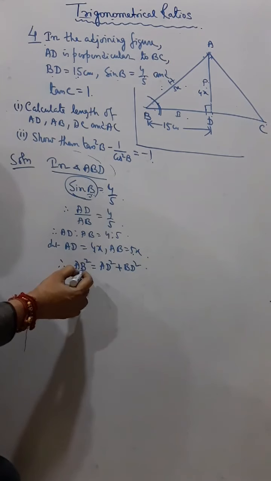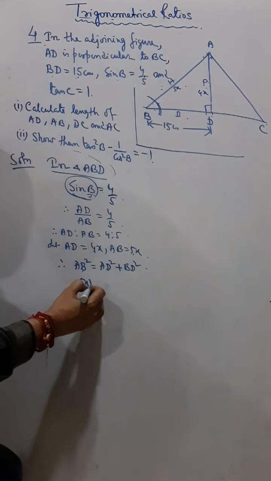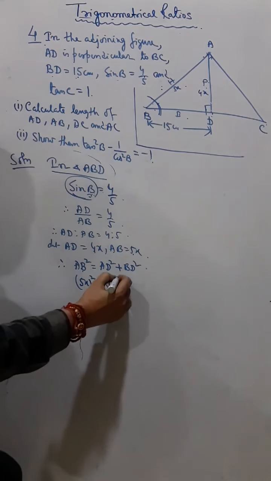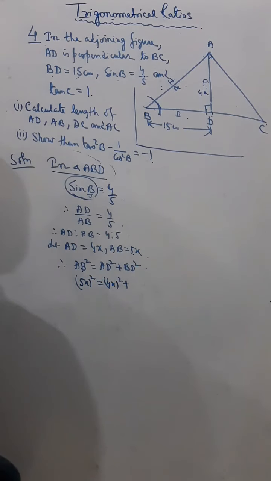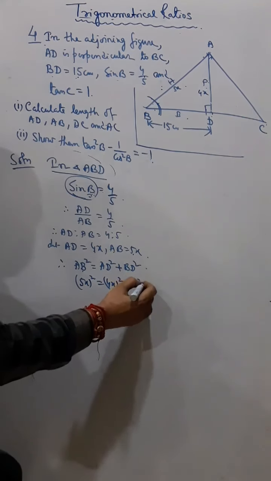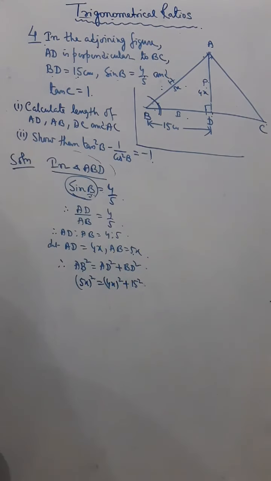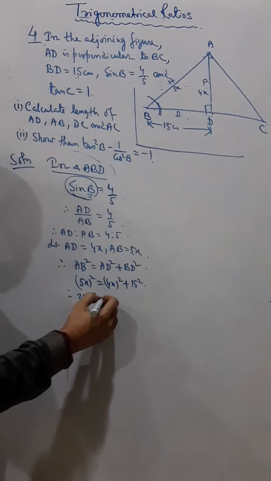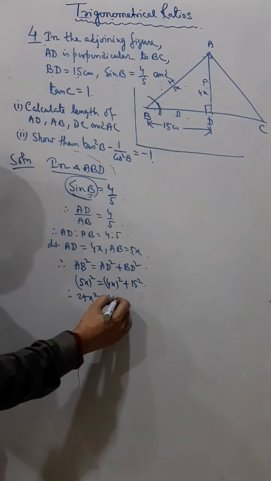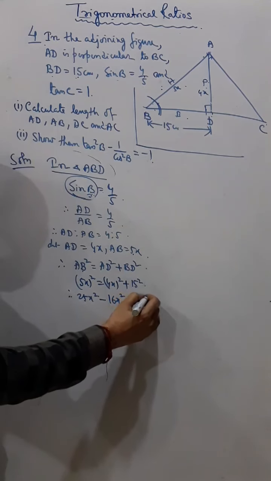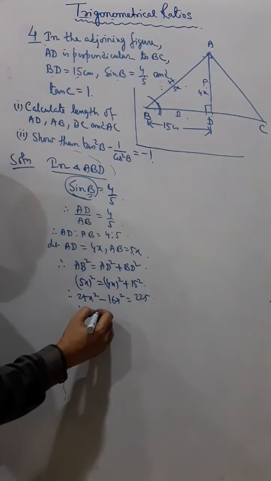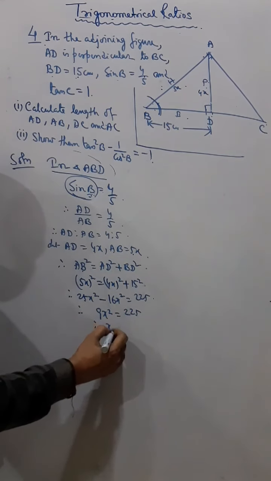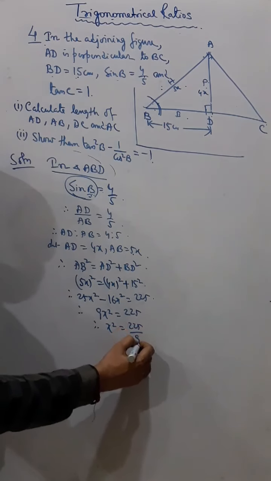So AB square is 5x square, AD square is 4x square, and BD square is 15 square. So we got 25x square minus 16x square is equal to 225, and then 9x square as 225, and x square as 225 by 9.